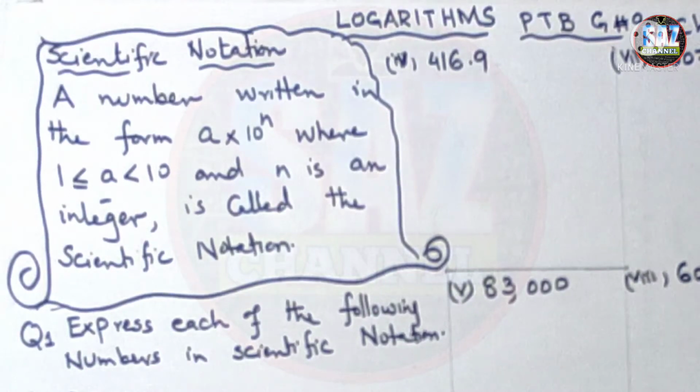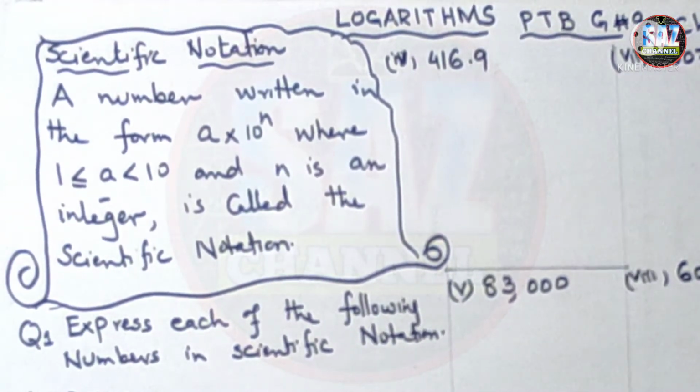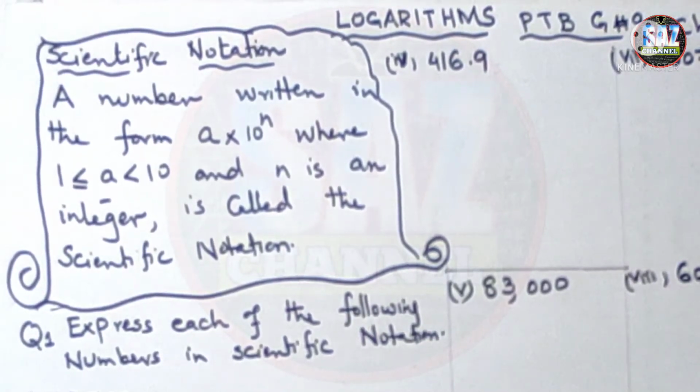And there are many other objects that are really small, that we cannot see through our naked eyes, and we have to see those objects with the help of a microscope. So in order to read very large values, or to read small values in moderate form, the method of writing the number is called the scientific notation.